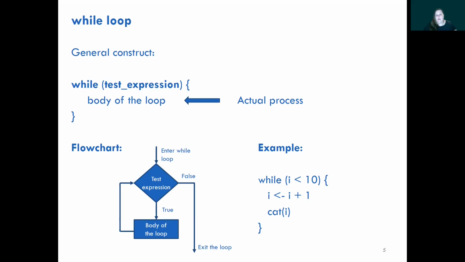So i will be 1, and once you enter the loop, you will basically add 1 to your i and assign it again to i. So basically just overwrite your i. So i will get 2, and then using the function cat, you can just print the number i into your console. So it will just print the number 2. And then this is going to be repeated until i gets 10, and this will then stop the loop.